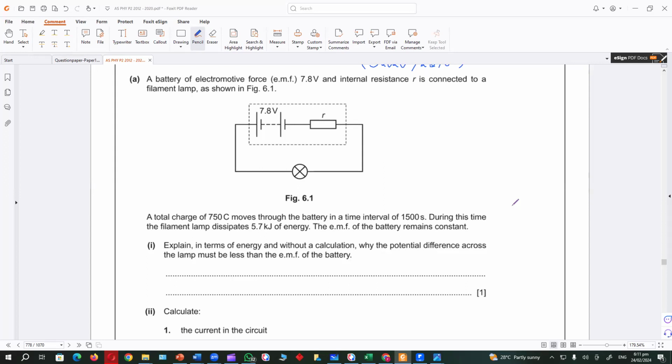Now, read the question again. He says, why the PD across the lamp must be less than the EMF of the battery.